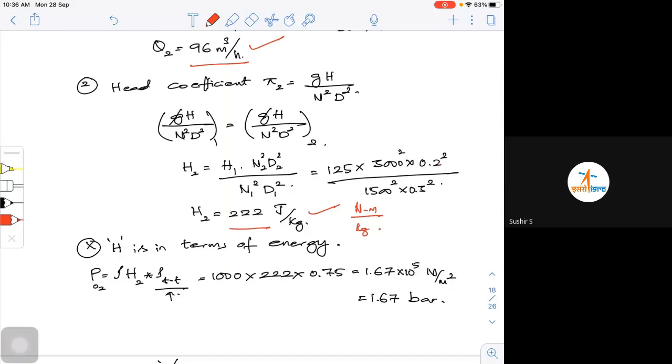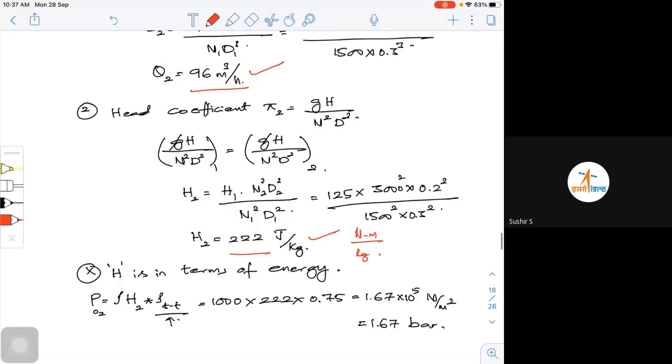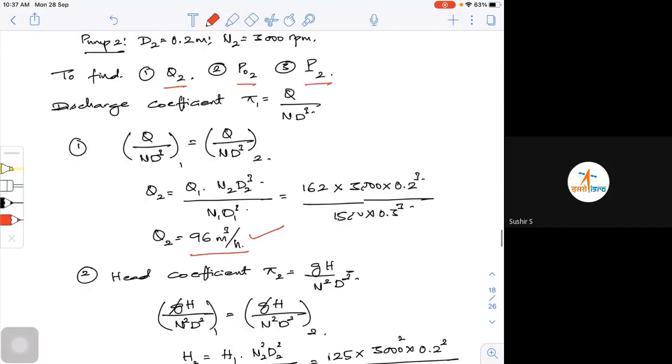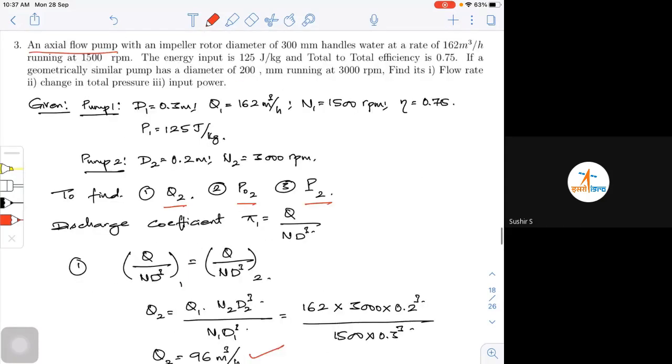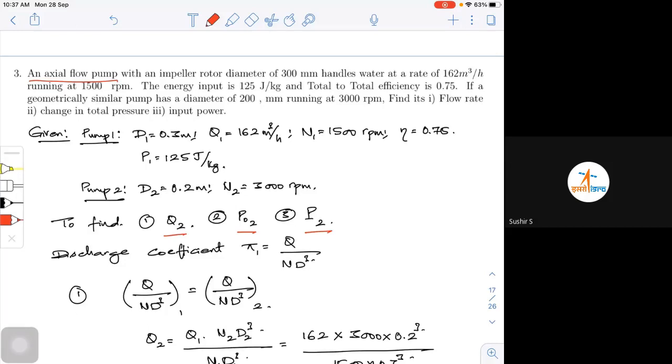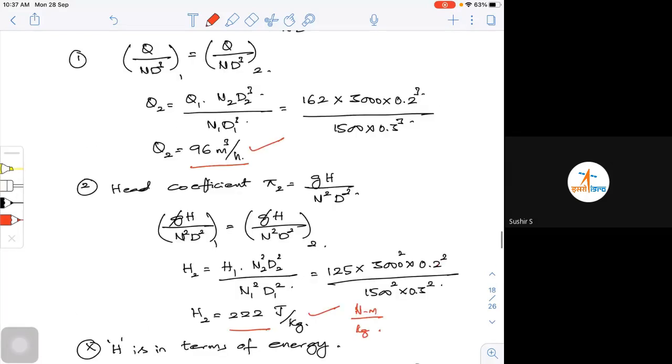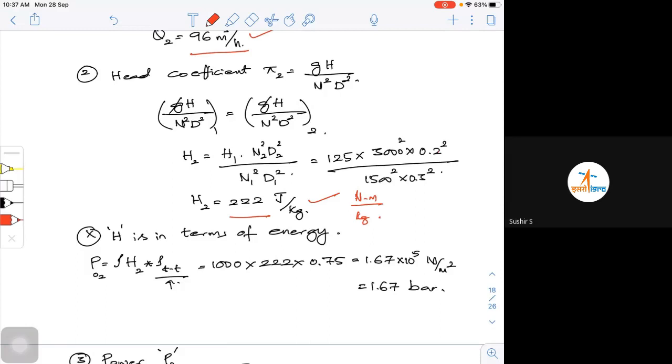You have to be very careful. Otherwise, in most problems you may end up with meters also. Sometimes if I give the value of H in meters, your H2 will also be in meters. But here H1 is given in joules per kg, which is 125, so I'm getting H2 in joules per kg. You have to be a bit careful.